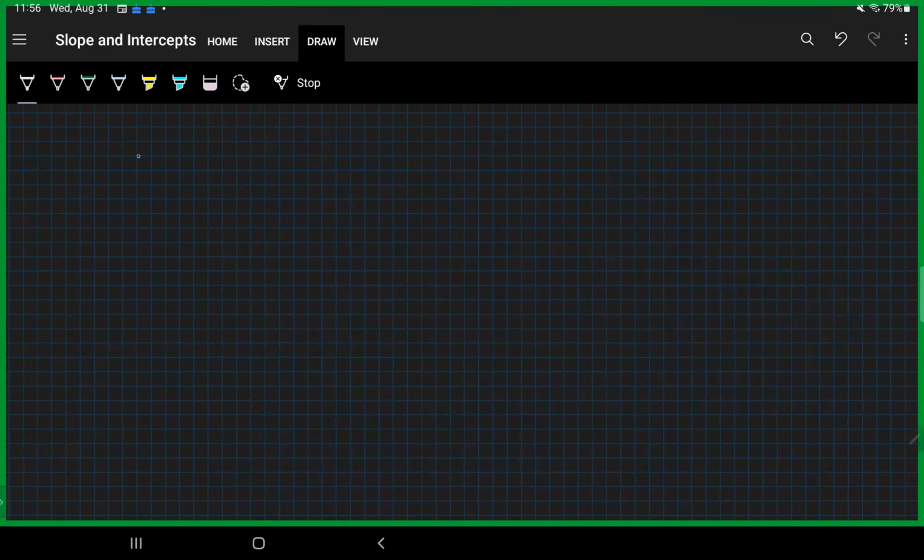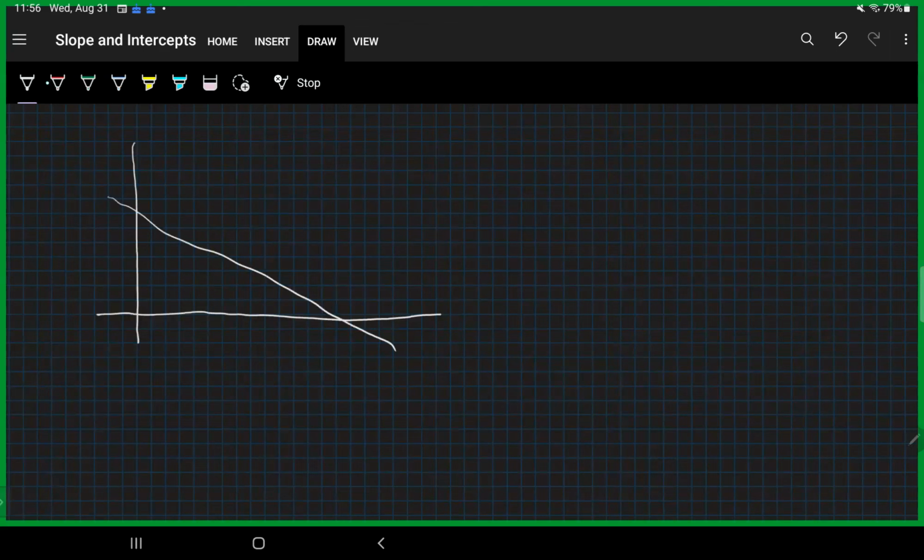For slope, let me draw a quick picture here. Say I have this line going through the x and y axes, and I have 2 points on that line.